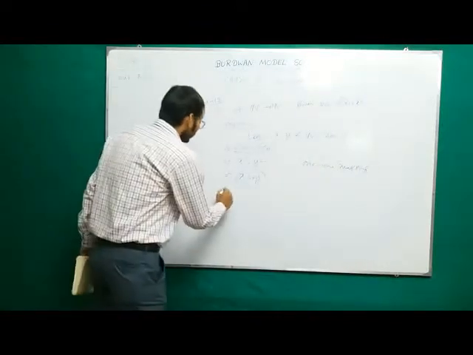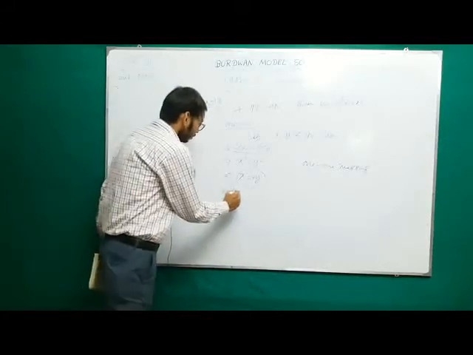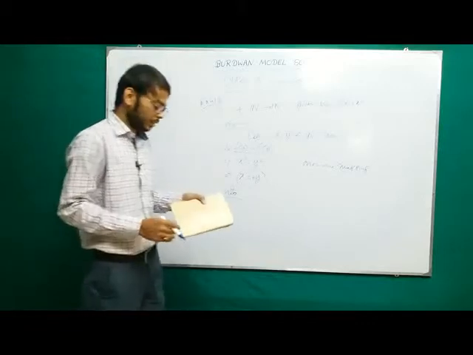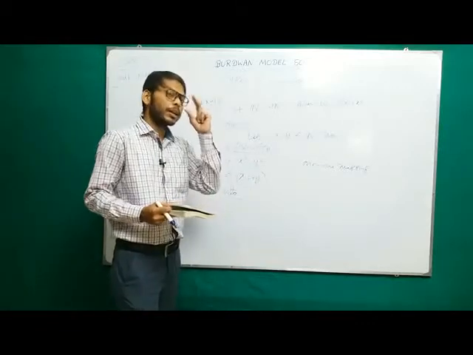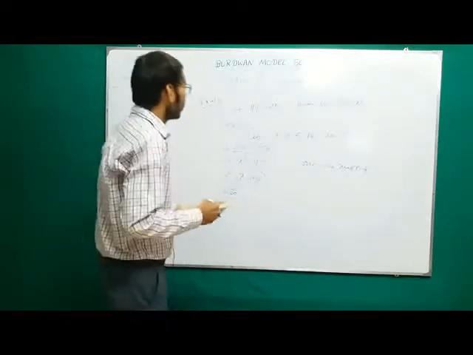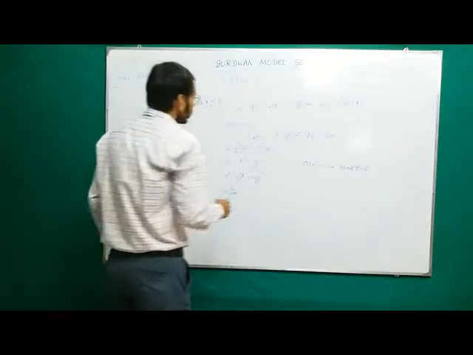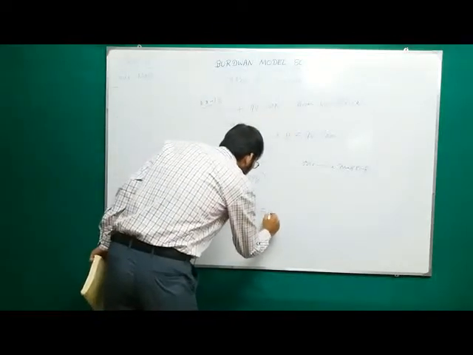Now come to the onto portion. Whenever it is not onto, we can show it by a counterexample. For the negation, we can show it by a counterexample. Suppose I am taking a point, suppose 2. Let 2 belong to natural numbers.